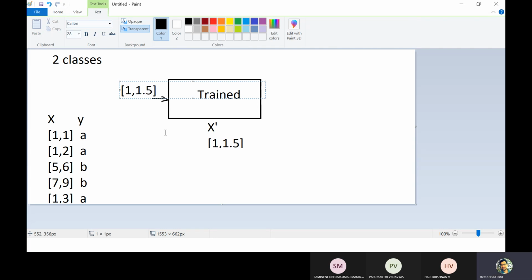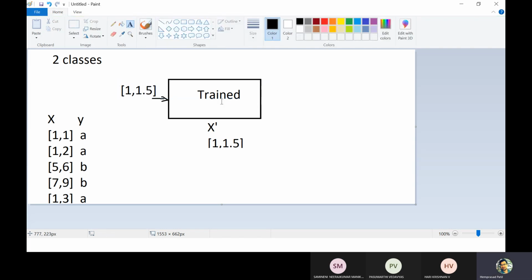If this is the input that is given to the model which is already trained, so this unknown sample or test sample, X cap or X hat, then what should this model predict?